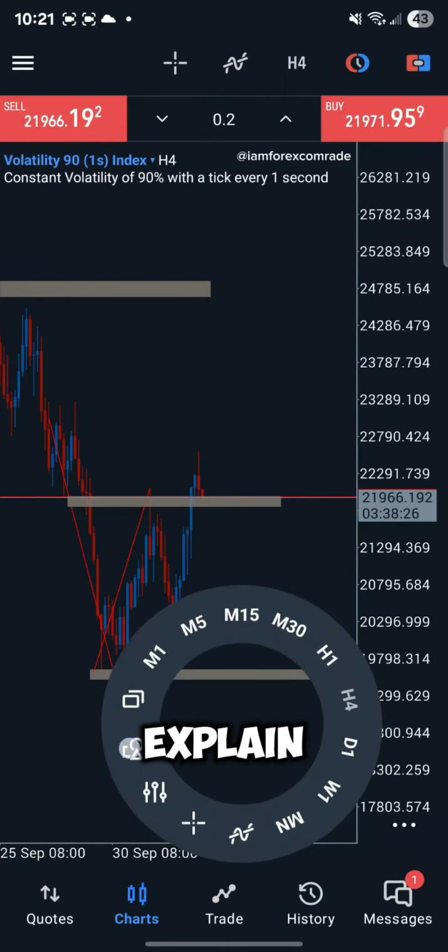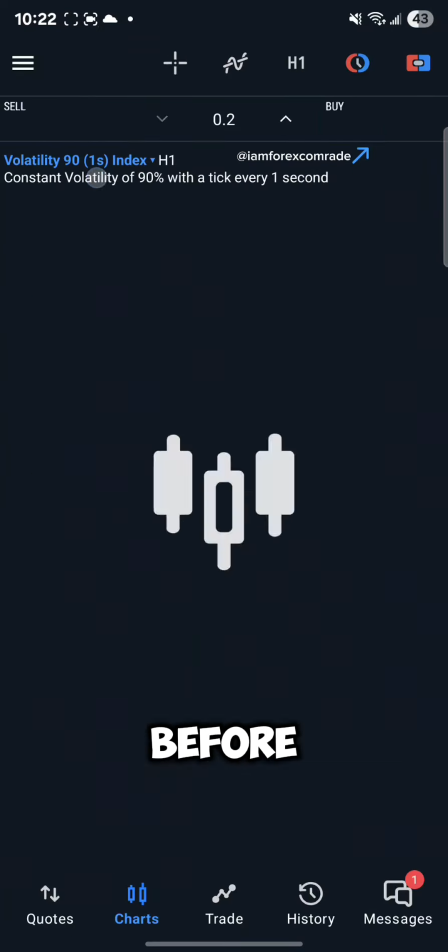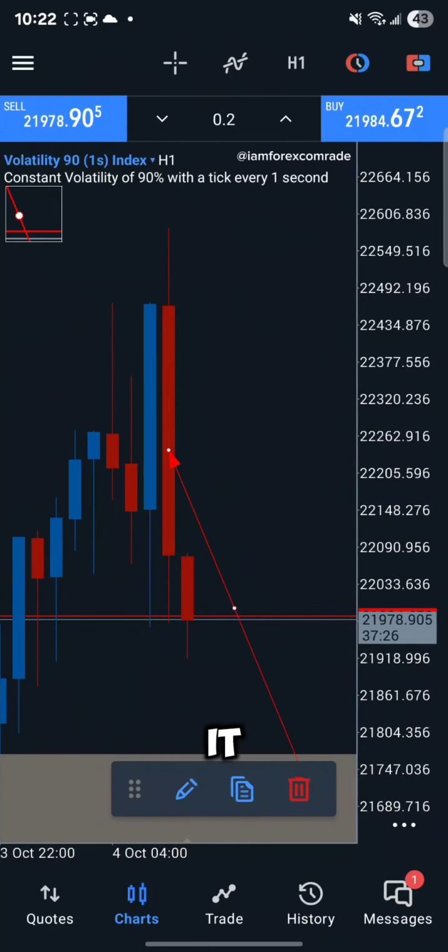After this big candle that the market made, in the previous video I explained the fair value gap as something used by most traders to identify areas of imbalance. We all know that at an area of imbalance, the market is supposed to come back to rebalance that point before it proceeds in whatever direction it sees fit.